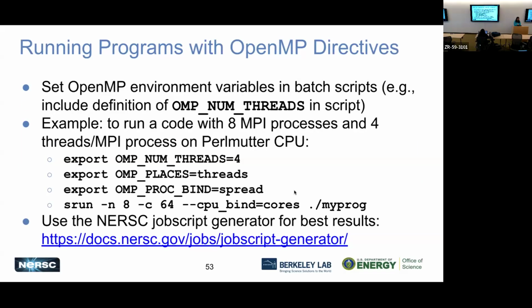I mentioned when you run this, usually for OpenMP, I don't think I want to talk too much about details here, but there's something we should consider, something about affinity.